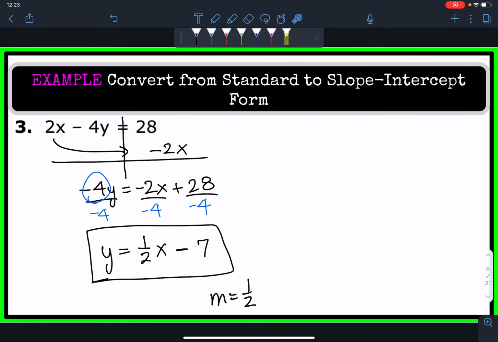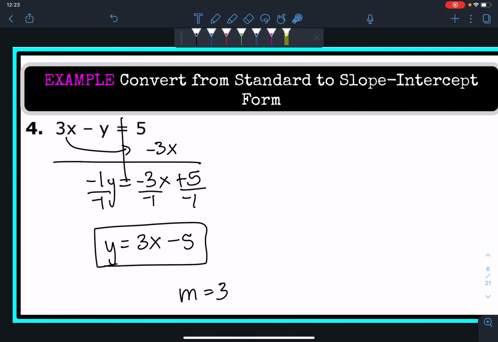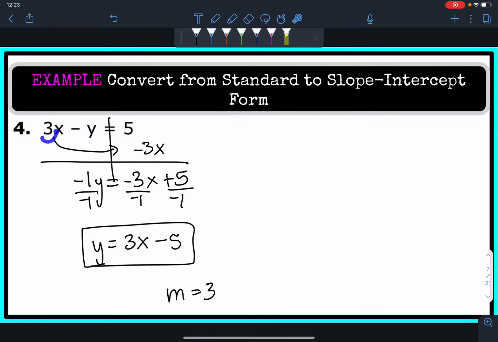So notice that the slope matches the opposite of dividing those two numbers together. The same thing on number 4. Notice how if I divide these two numbers, positive 3 divided by negative 1 is equal to negative 3. Notice how this number is the opposite of that number. So if I divide these two numbers, I can figure out the slope by dividing these two numbers and simply getting the opposite of that answer.